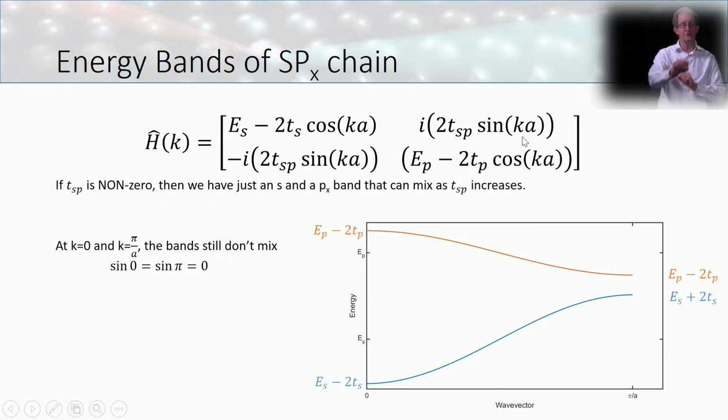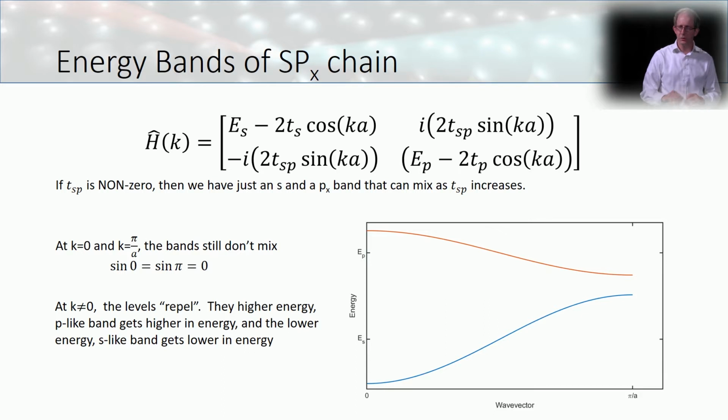So I have pure s and p orbitals at k equal to 0. And if I look at k equal to pi over a, the Brillouin zone edge, well, sine of pi is also 0. So I have pure p and s orbitals at the Brillouin zone edge as well. Okay? And so what's going to happen is that as I increase TSP, that transfer integral, I'm going to change where my minima and maxima are, but at the edge of the Brillouin zones, I'm still going to have just s and p orbitals. Right? So we're not going to mix at the zone edges.